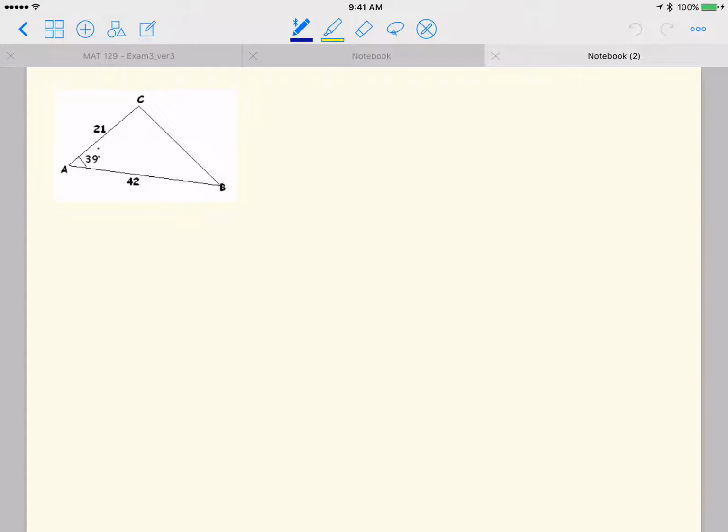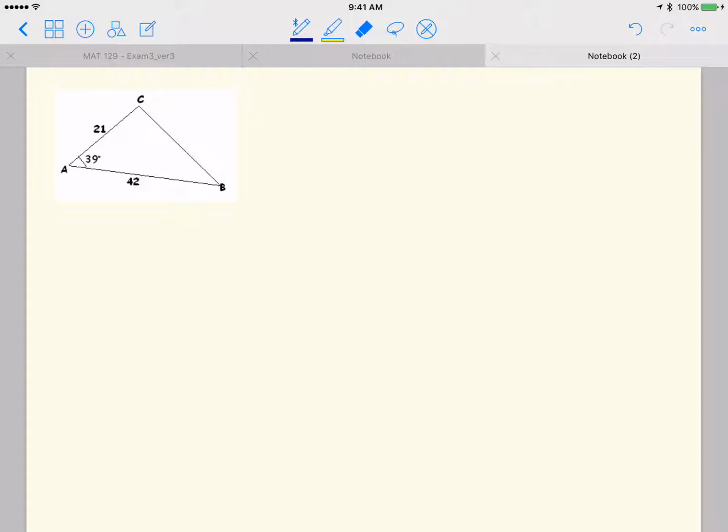Also, look, I have this angle, but I don't know its side. So I don't have that pair. I have this side, but I don't know its angle. Likewise, I have this side, but I don't know that angle. So I have no corresponding pairs.